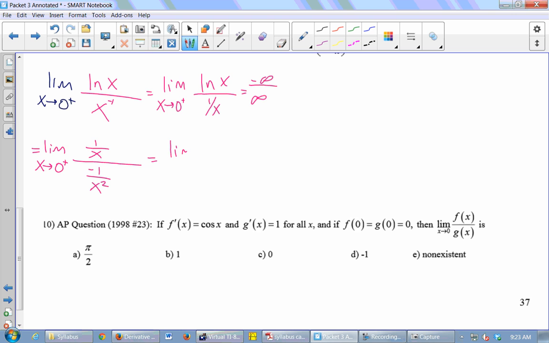So this is the limit as x goes to 0 from the right, 1 over x times the reciprocal of the denominator, and then we'll cancel. So I end up with negative x. And as x goes to 0, negative x goes to 0.